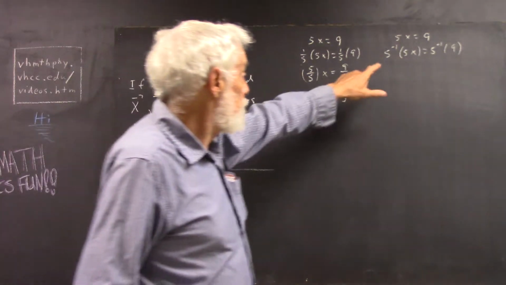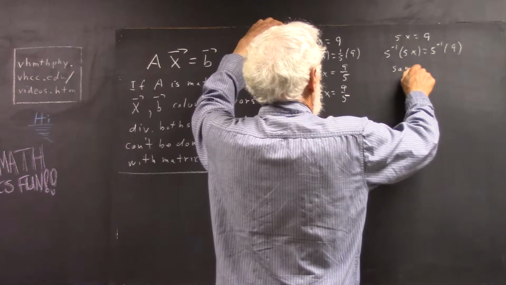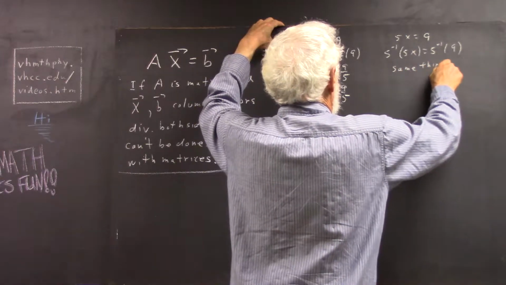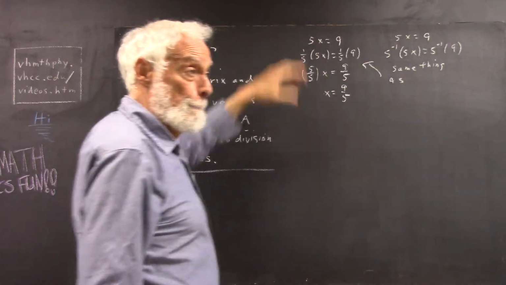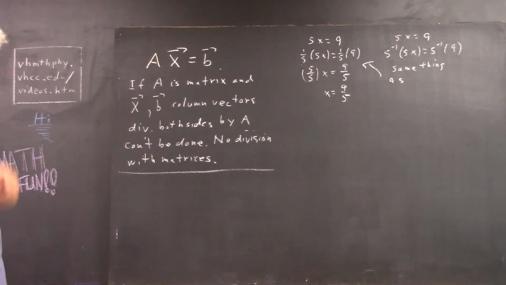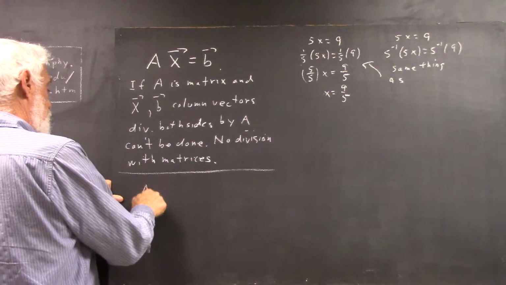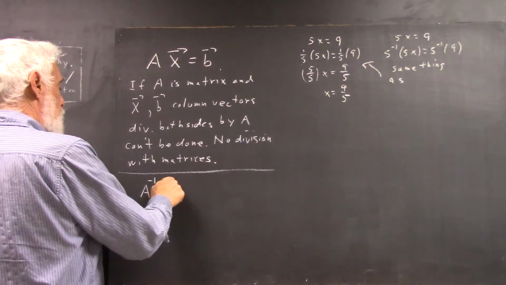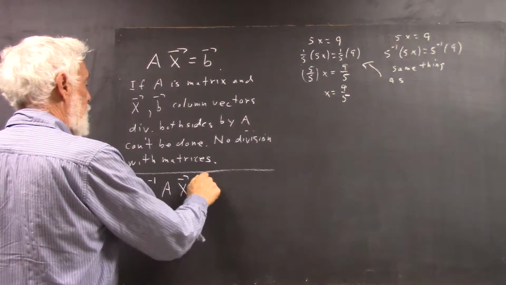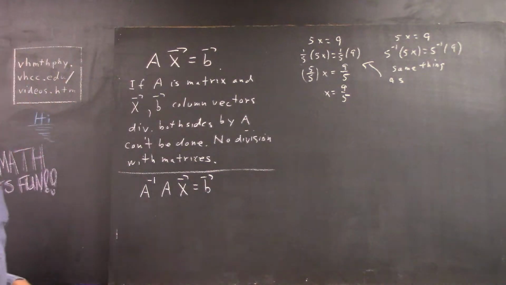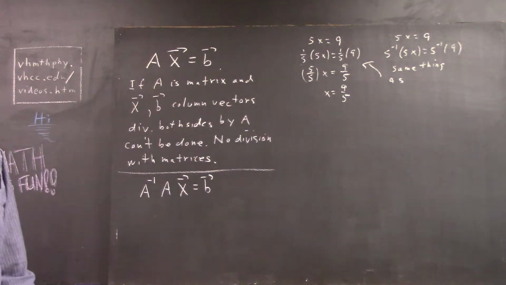Okay, so this is the same as this. So, to motivate that, I'm going to say that we multiply both sides of this by A inverse. But with matrices, A inverse doesn't mean 1 over A.